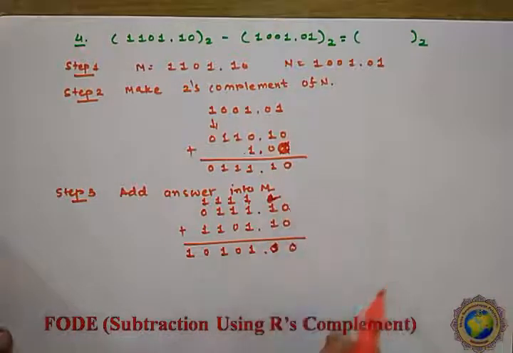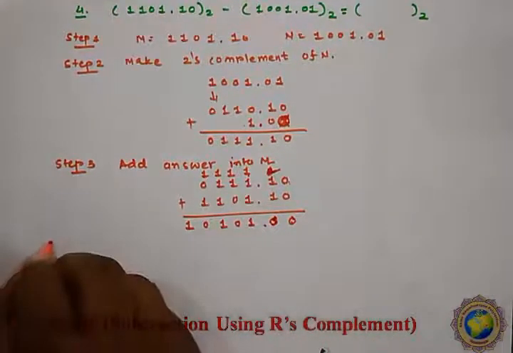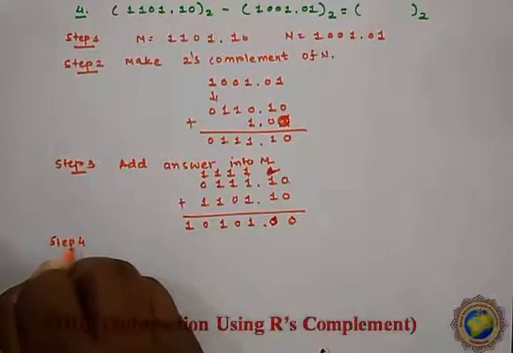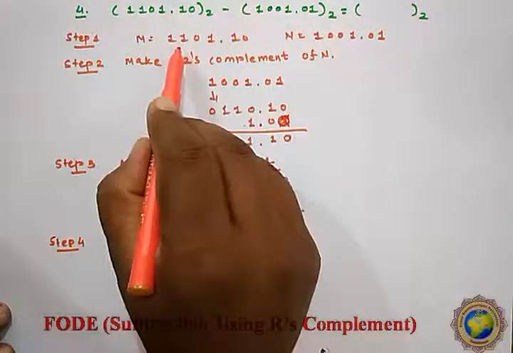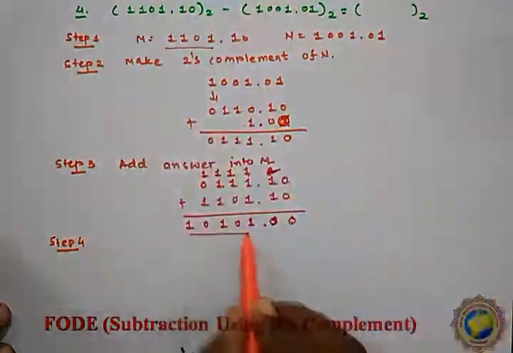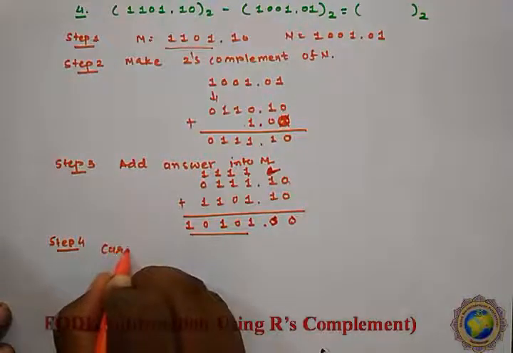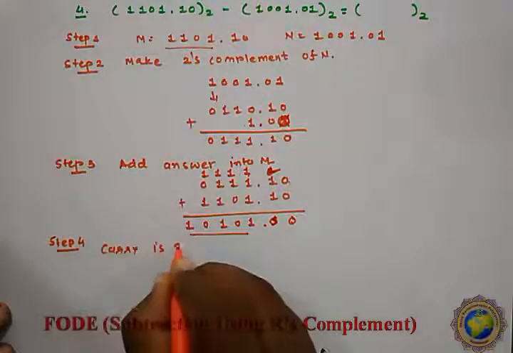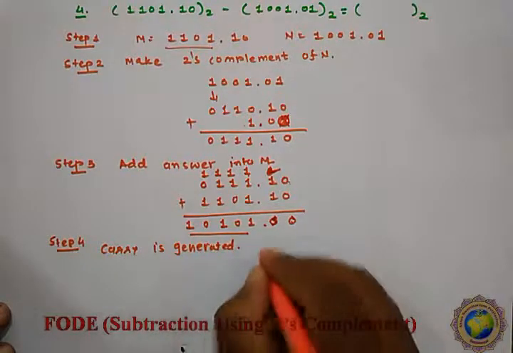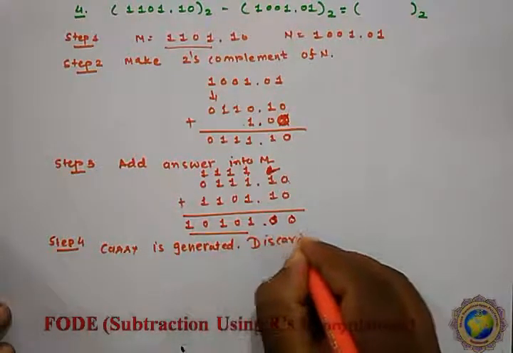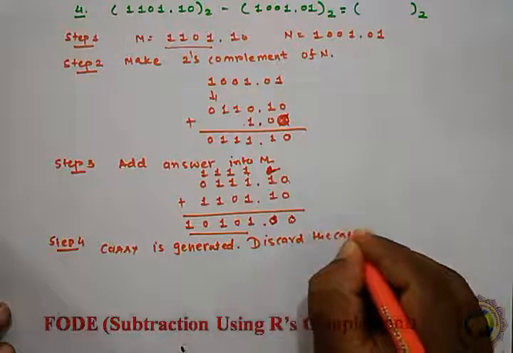Okay, now see, is a carry generated or not? Step 4: is a carry generated or not. See, how many digits were maximum here? 4. How many are here? 5. That means carry is generated. If the carry is generated, then you have to discard it. So discard the carry. We have to remove the carry.